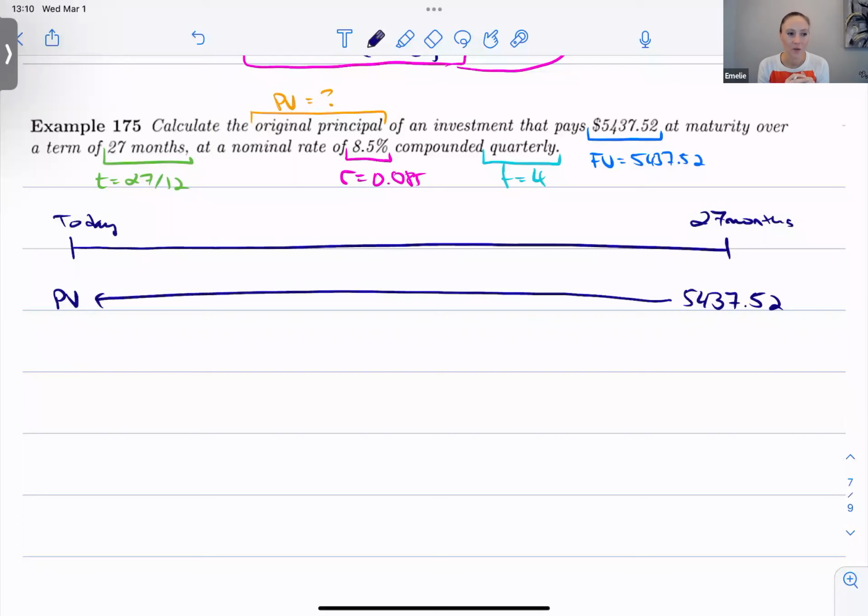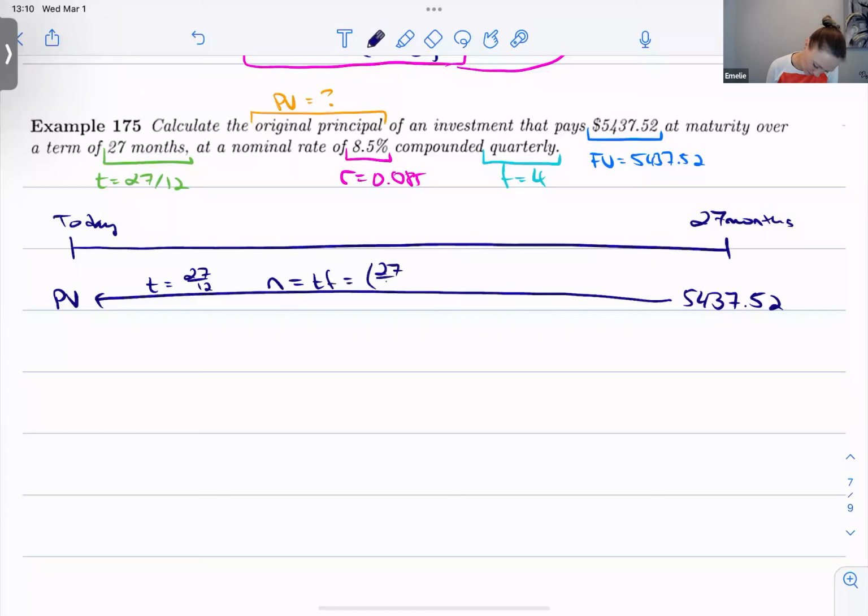Okay, so now let's jot down T is 27 over 12. You don't have to have it on the arrow still, but I think it helps. It's just a nice reminder. What you do need to have on your arrow is your N. N is the time times the frequency.